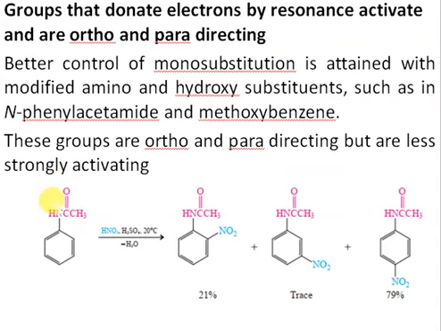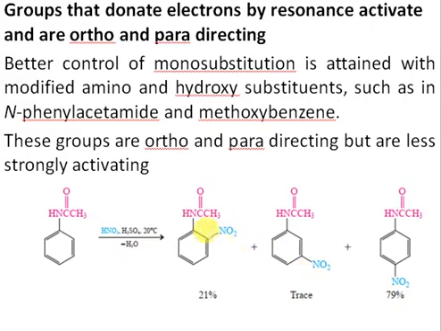As a result, the electron donating effect of the nitrogen has decreased, so the rate of reaction will also decrease. In this case, you can see that the reaction is under control, and we are getting only mono substituted products.